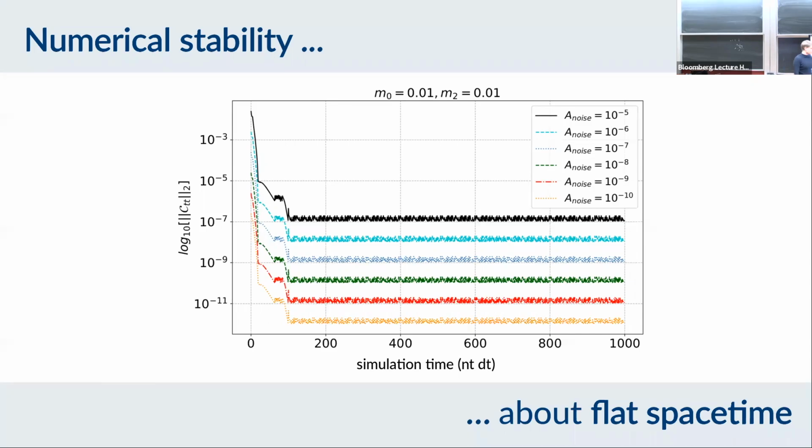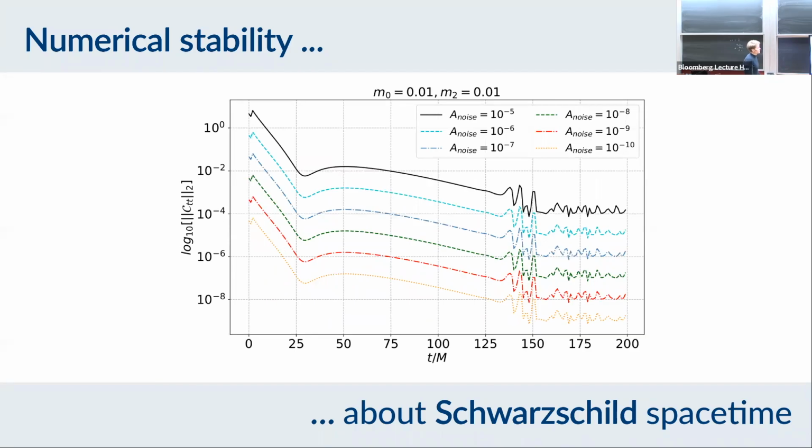In particular, if there was an ill-posed sector that I excite, then I would expect at some point that the constraint violations diverge in finite time, and the simulation crashes. We find no evidence for that. And that's about flat space-time, that's about Schwarzschild space-time. So we understand that even the nonlinear theory we have under numerical control.